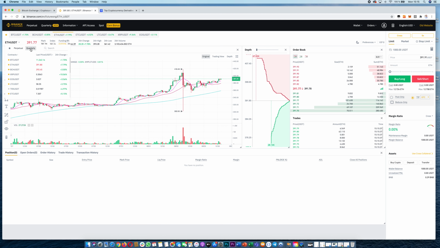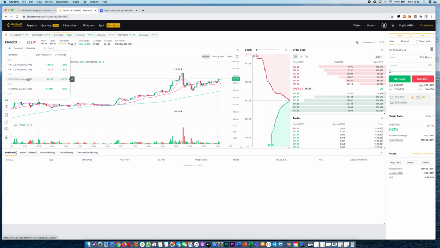The disadvantage is that they will close automatically on September 25th or on December 25th, depending on which quarterly contract you are opening. Or if you use Ethereum, you can use only one quarterly contract, and that's the one that expires in September.